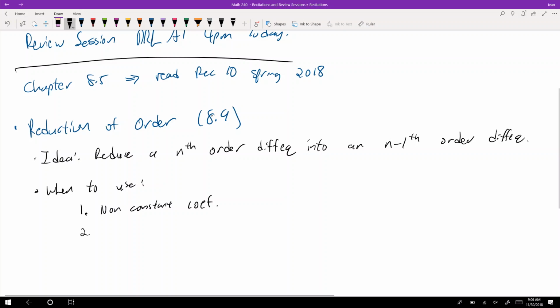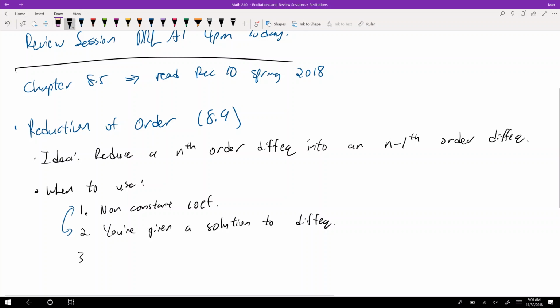The second condition is that you're given a solution to the diffeq. Again, these two get paired together a lot because if we don't know how to solve non-constant coefficient diffeqs, then you have to use reduction of order, and a prerequisite to using reduction of order is that you have a solution to the diffeq. So if you're given a solution, you probably should use reduction of order. Okay.